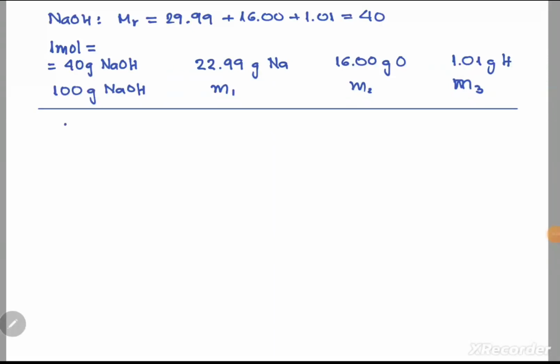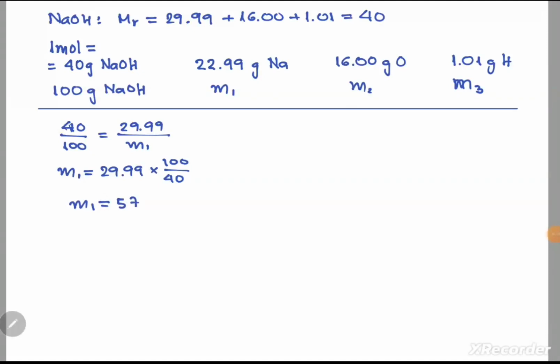And we have M1, and M1 is equal 57.475 grams.